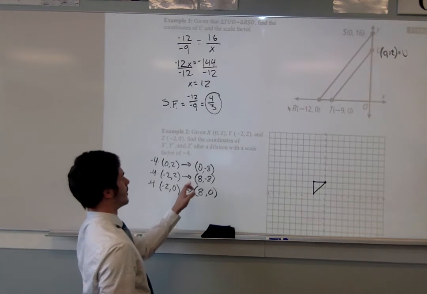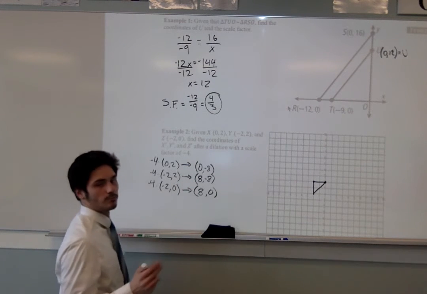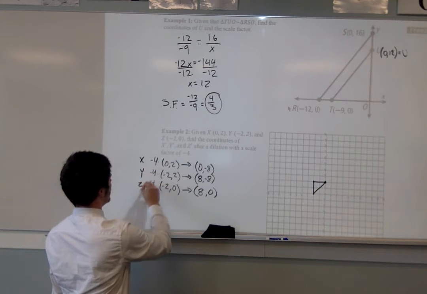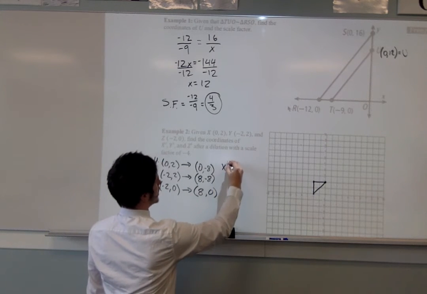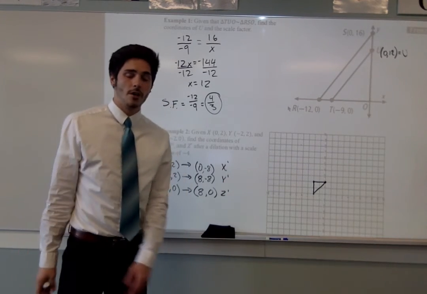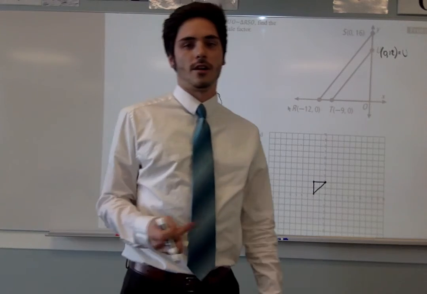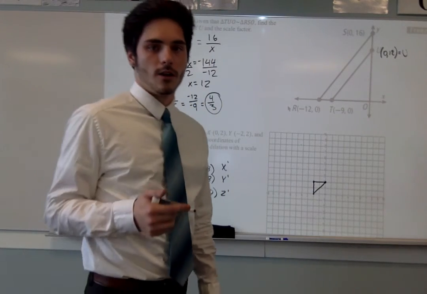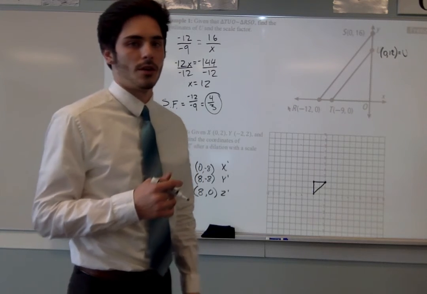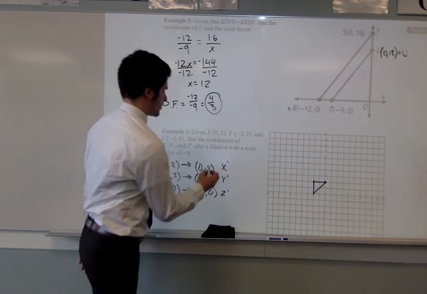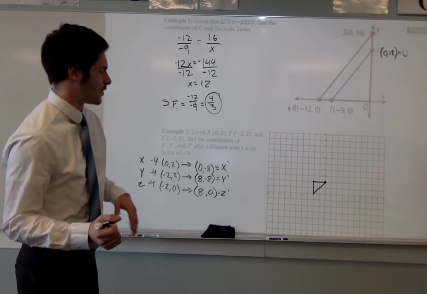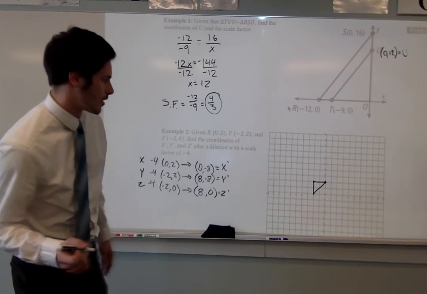So now, here are our new coordinates. We had x, y, z, and now we have x prime, y prime, and z prime. Now that we have these points, we can go ahead and graph them. Well, actually, it just asks to find the coordinates. So these are the coordinates of x prime, y prime, and z prime, but we can see what they do to the triangle in the graph.